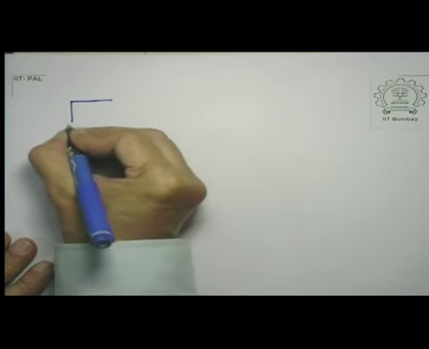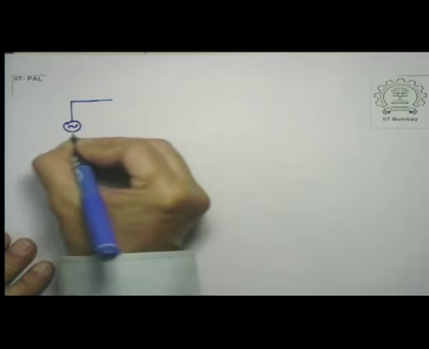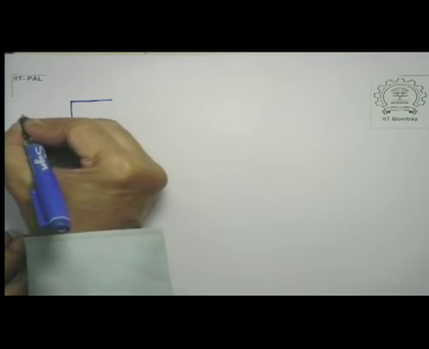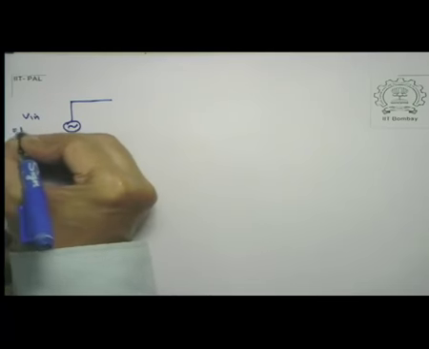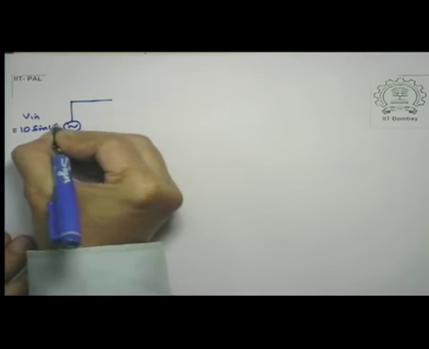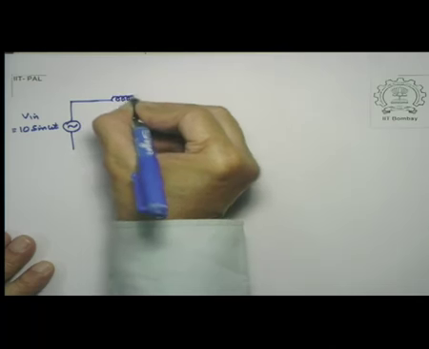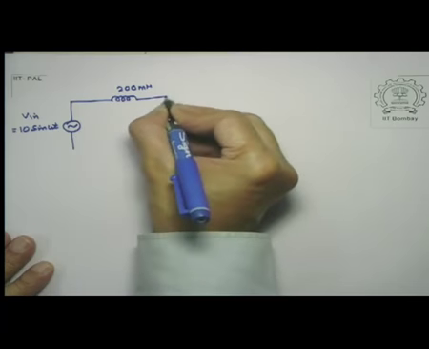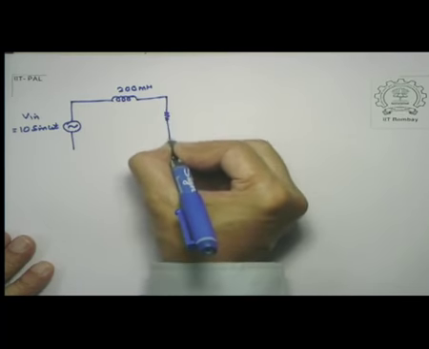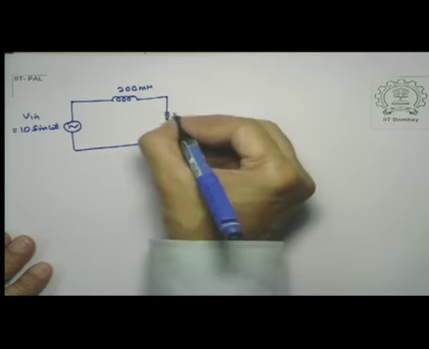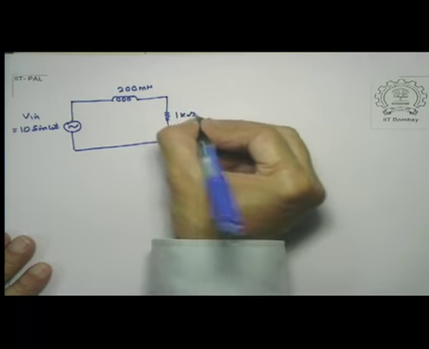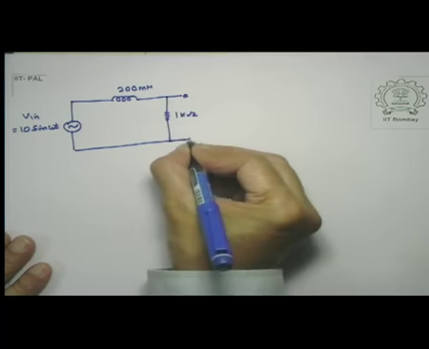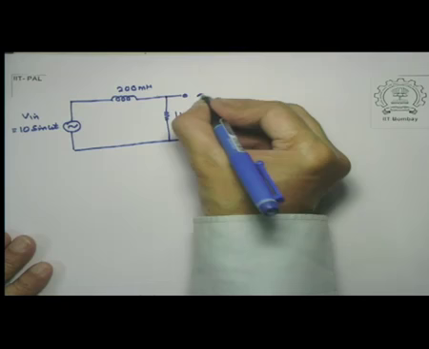So let's look at this circuit again. So I have V in equal to 10 sine omega t, and I have a 200 millihenry inductance here and a resistance in series which I take to be 1 kilo ohm, and I'm looking at what is the drop across it. So this is V out.